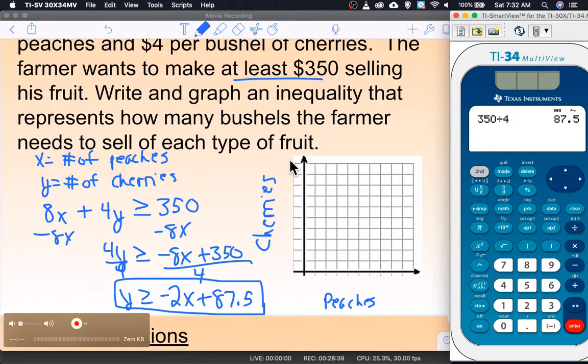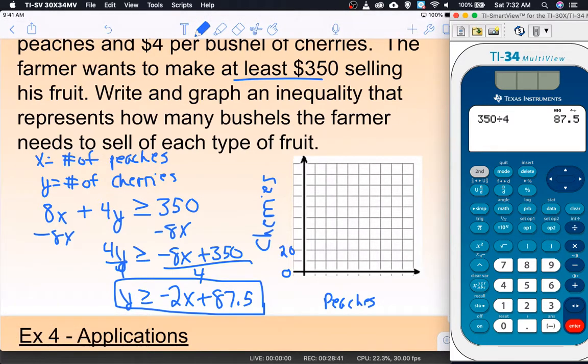So let's do that: 0, 10, 20, up to 100. My 80's a little ugly, but I think we got the picture. And if possible, I like to use the same scale on both the x and y axes. It makes a lot of the work easier. So I'll do the same: 0, 10, 20, up to 100.